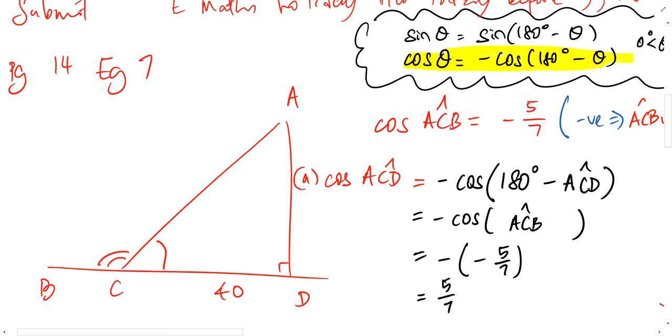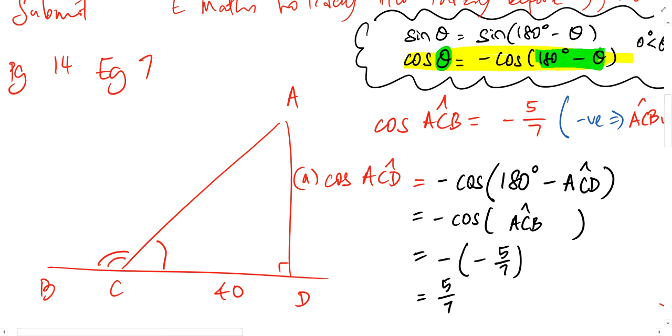Okay. The reason why we can use this is because there is a relationship between theta and 180 minus theta. What is the relationship between an angle theta and 180 minus theta? Not exactly, something more basic.